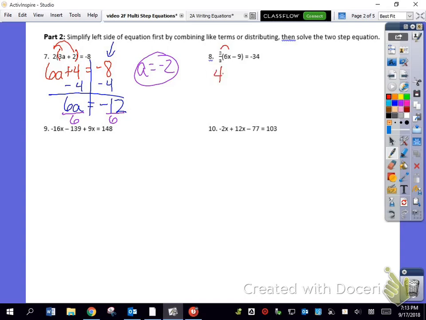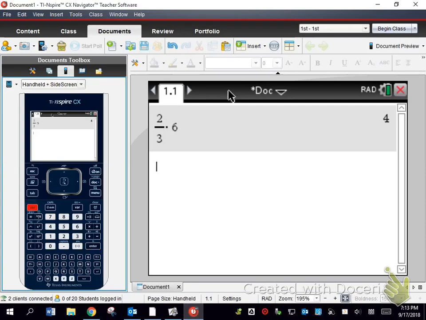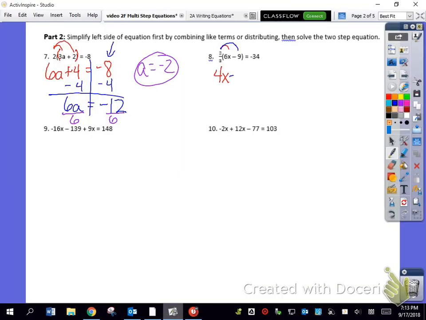So 4x, and then I have to do 2/3 times -9. I'm going to do the same thing, control divide, 2 over 3, and then parentheses, and it's a -9. And then enter, and you get -6. So that -6 equals, and then you bring down the -34. That does not change.